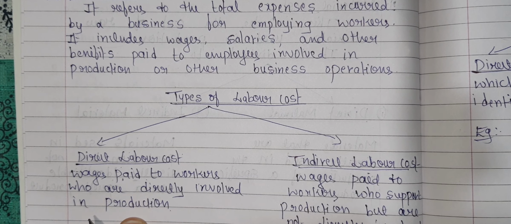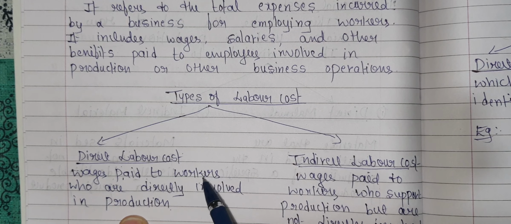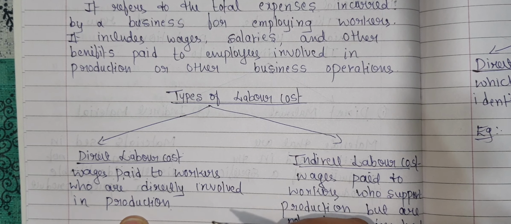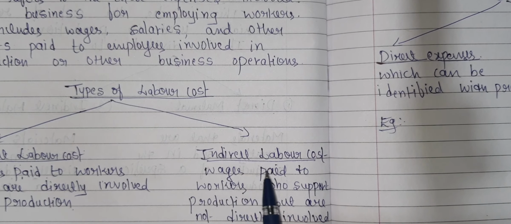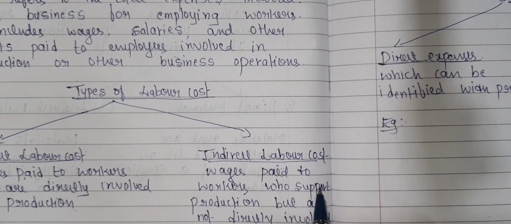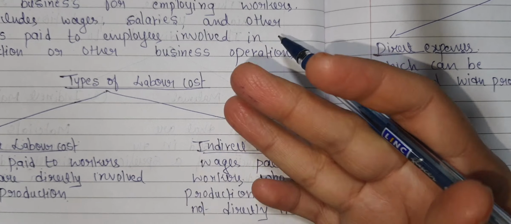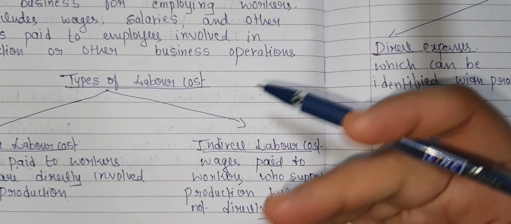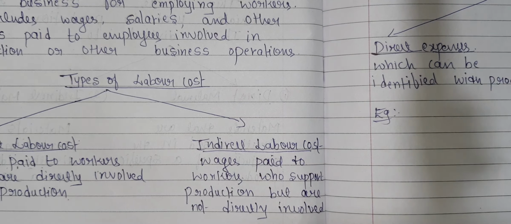In direct material cost, it was materials used; here it is workers. And indirect labor cost means wages paid to the workers who support production. They support the production but are not directly involved. This is the meaning of indirect labor cost.